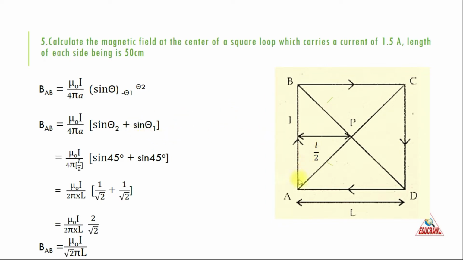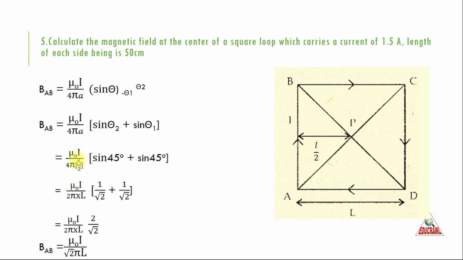Theta is the angle between this AB wire and the diagonal. The side angle of a perfect square is 90 degree, so the diagonal cuts it exactly half. So the value of theta will be 45 degree. Theta 1 and theta 2 will be 45 degree.